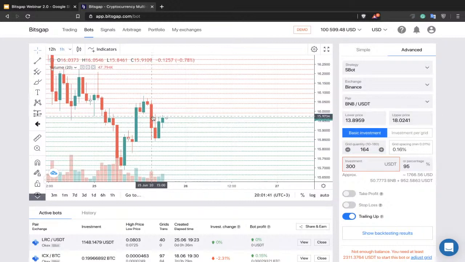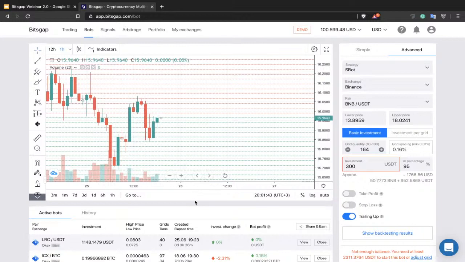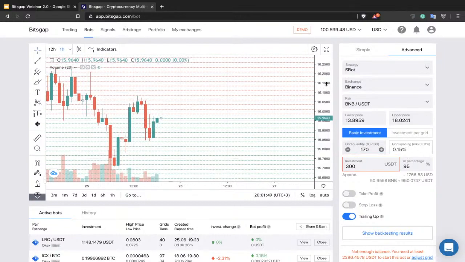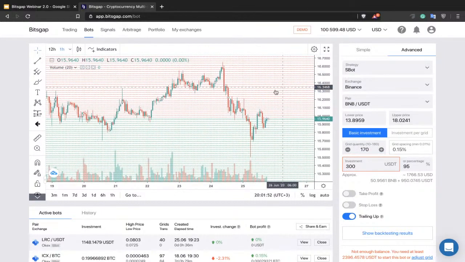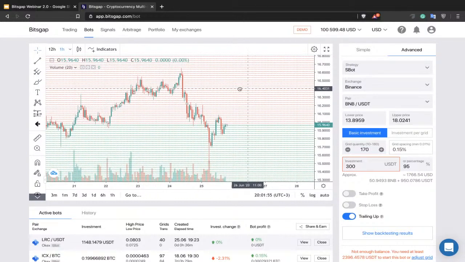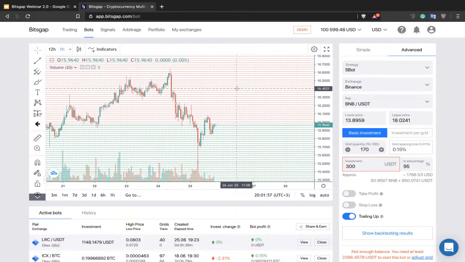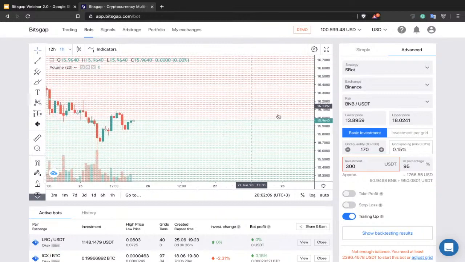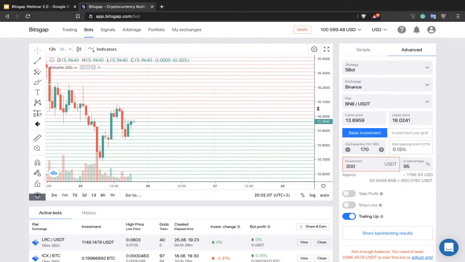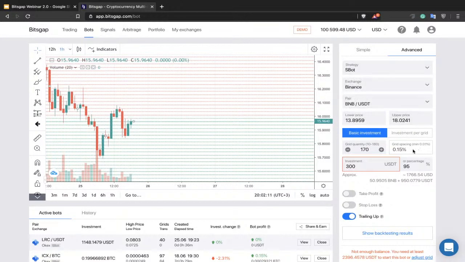The more grid levels, the more price action the bot will be able to seize. So that means that you can reach an astronomical amount of trades per day. That can be by far more than 46 trades, as in the example I've shown you. It can be even 100 trades per day, just because you have this narrow setup. And that's only possible with the S-bot, as it now has these scalper features where the grid spacing is reduced down to 0.01%.